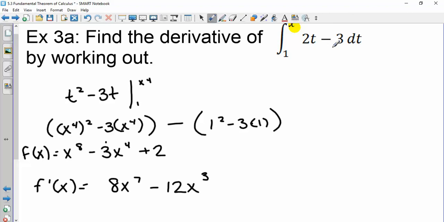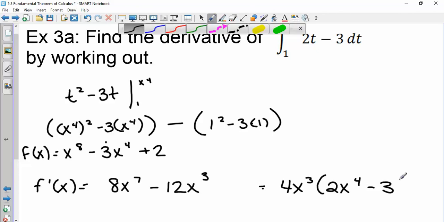Not automatically obvious how that's related. What could I pull out of here? A 4x cubed. That leaves me a 2x to the 4th minus a 3. So do you guys see the shortcut instead of working that all out?